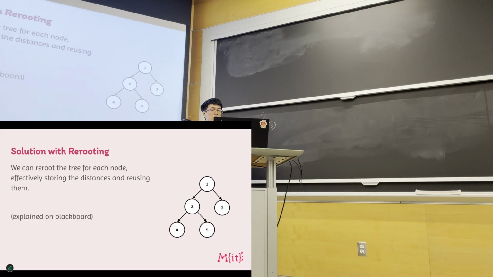And for simplicity right now, to just demonstrate how rerouting works, we'll only be showing how to update subtree sizes. So I'll write the subtree sizes next to each of these nodes in parentheses. So this 5 is 1, this 4 is 1, this 2 is 3, this 3 is 1, this one has subtree size of 5. So we can calculate this using the DFS we did in live coding.